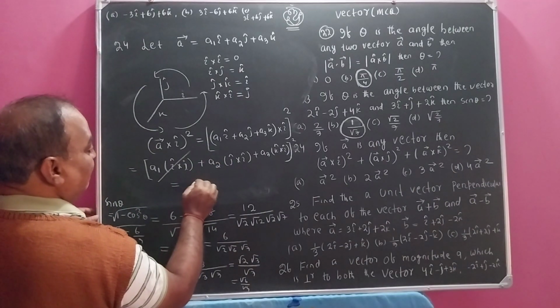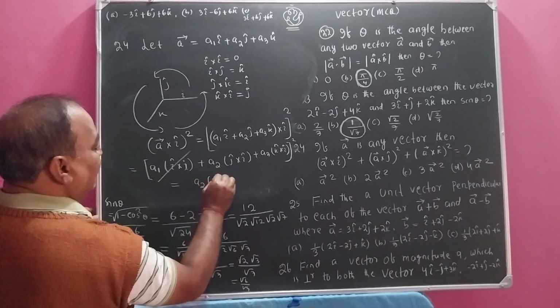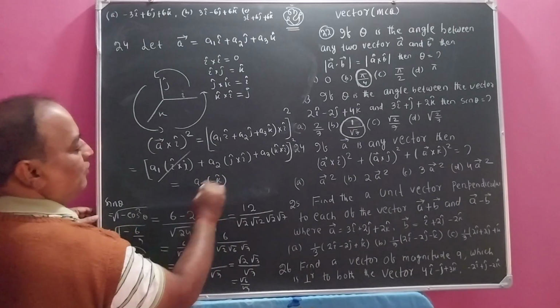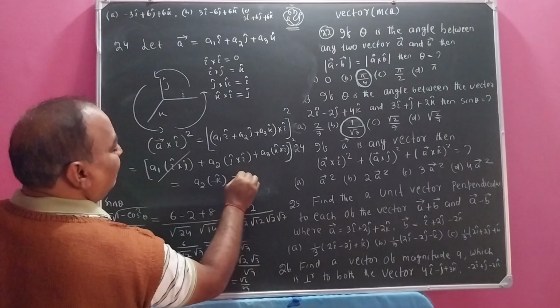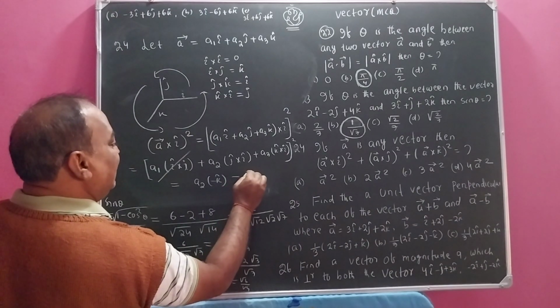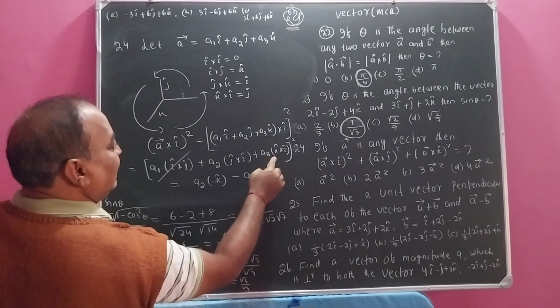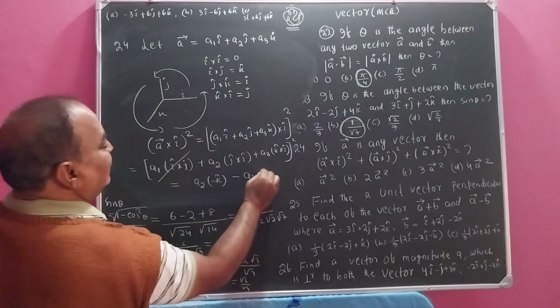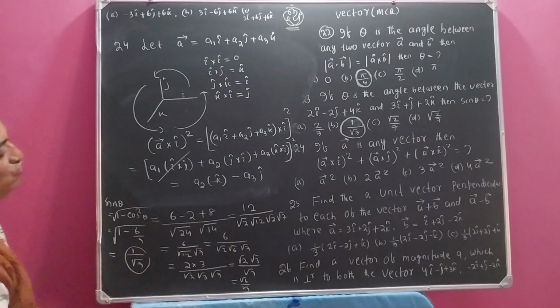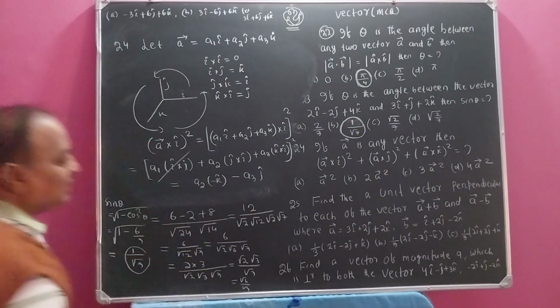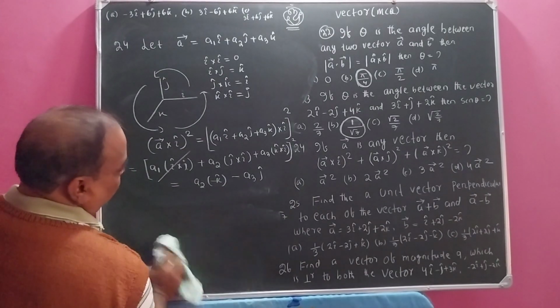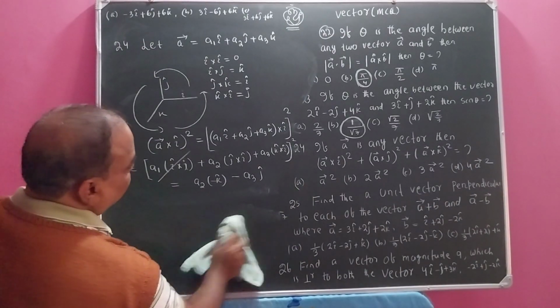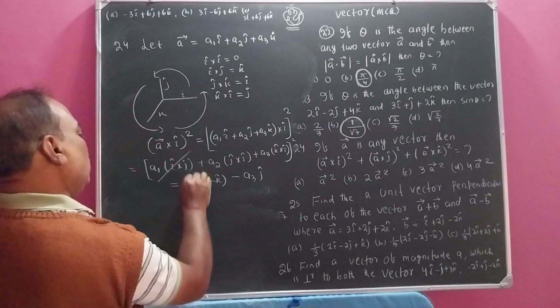Here it is A2 minus k cap plus A3 k cap cross I cap, it is j cap. Okay, so this is the value, now whole square.